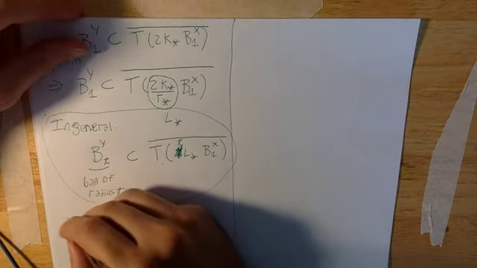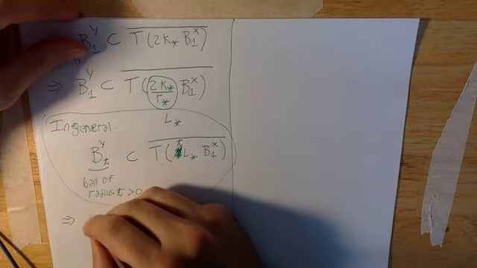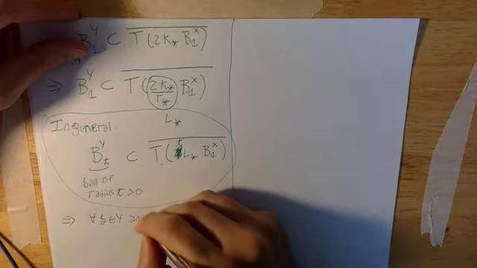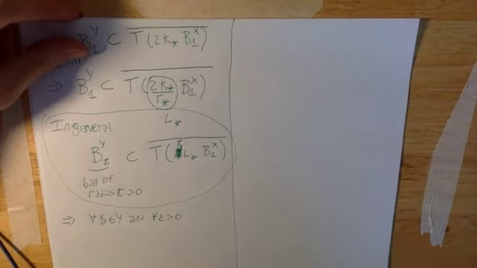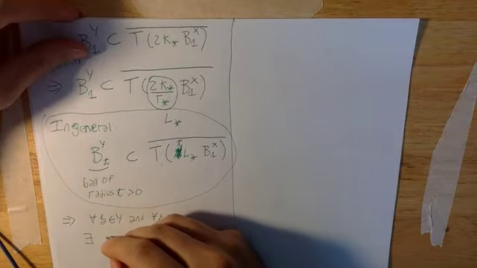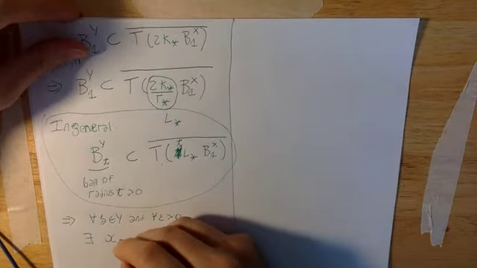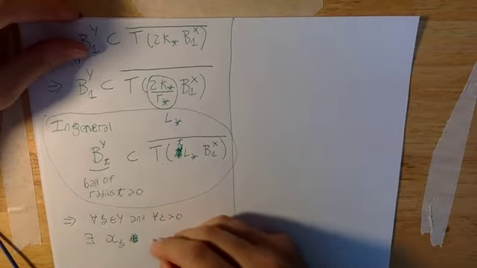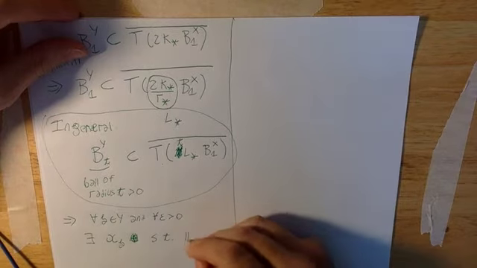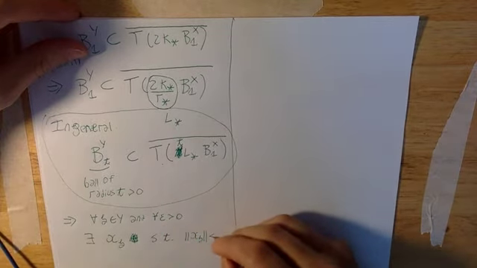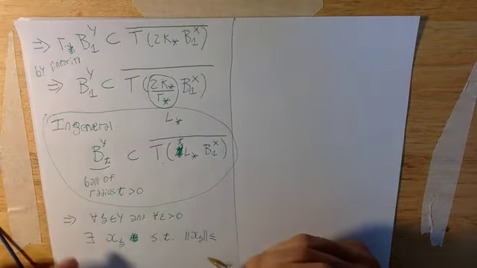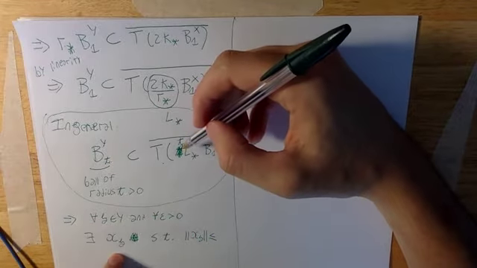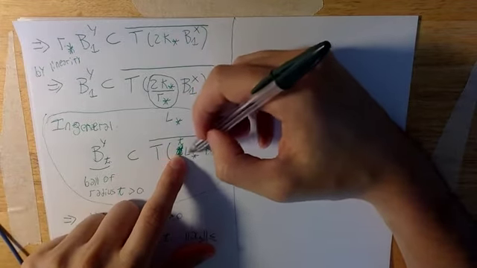This implies that for every y in Y and for every epsilon positive, there exists an x_y such that, if y is in the ball of radius t, then x_y is going to be in the ball of radius t L star.